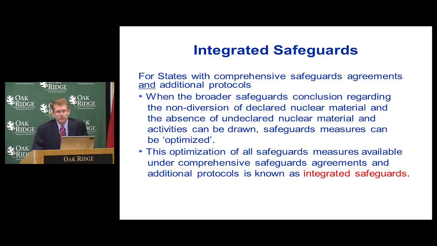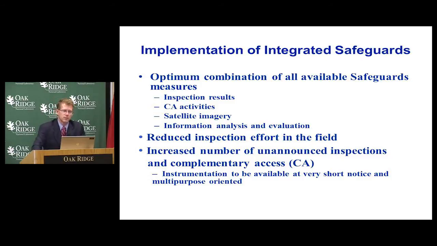So once there is a conclusion of no diversion of declared material, and there is an absence of undeclared activities, then inspection activities can be optimized within that country to somewhat reduce some of the inspection frequency and the number of activities that take place, because there is now assurance of no undeclared activities. So it basically becomes the optimum combination of all available measures within the agency.